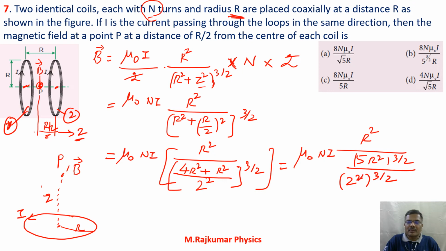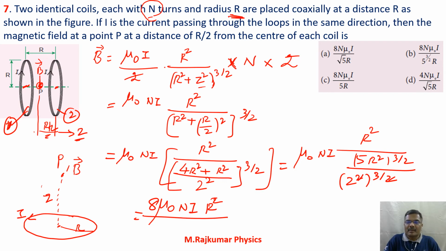This 2 and this 2 will cancel, so 2 power 3 will go to the numerator. Finally this equation becomes mu naught n I, this 2 cube becomes 8, so 8 mu naught n I into r square divided by 5r square whole power 3 by 2.